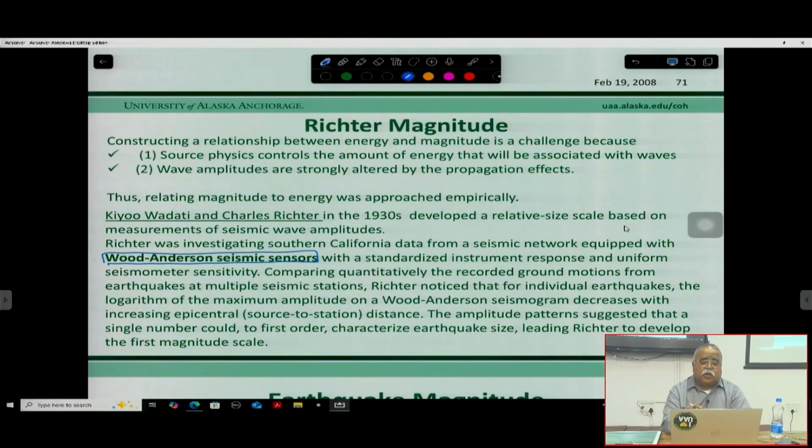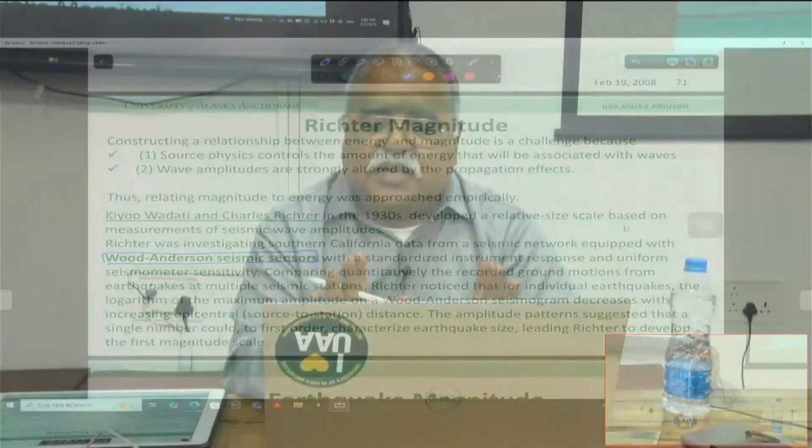This is a particular type of standard instrument, and at the time that instrument was all over California, and he was trying to get amplitude data for different events from that instrument's response. He took the amplitude values and observed that the amplitude value decreases with distance.